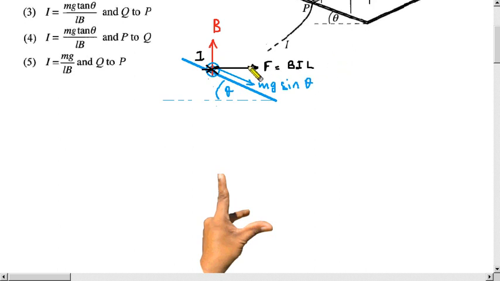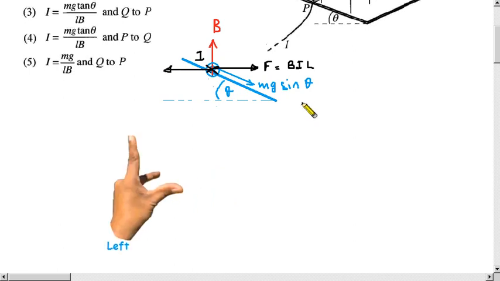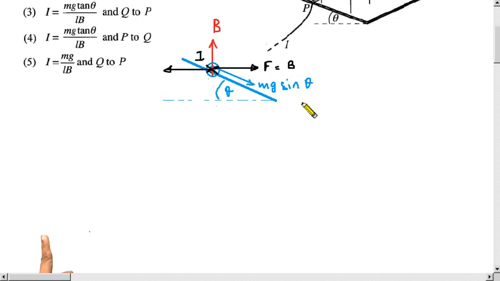But if the force is developed towards the right, we don't get any upward component, because this BIL force is also in this direction. It is helping mg sin theta and moving the wire down instead of staying. Therefore the direction I chose for the current is not working, so I have to turn the current to the opposite.